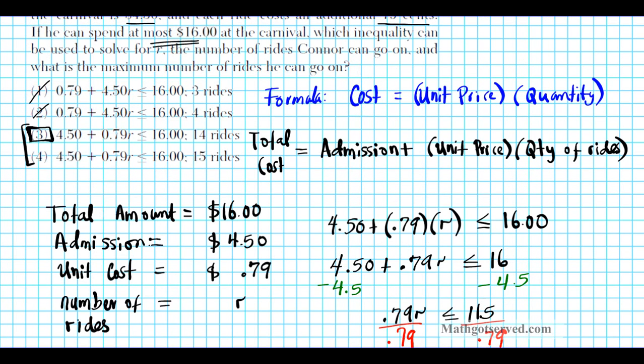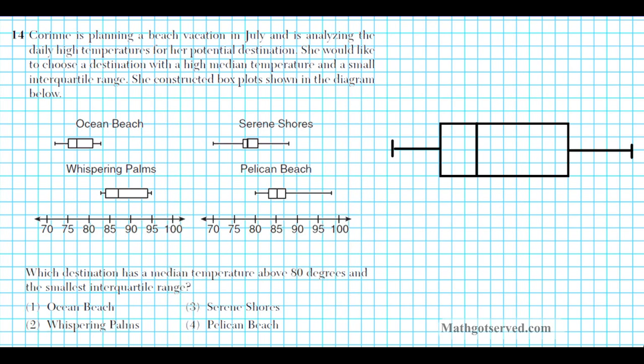All right, let's take a look at problem number 14. It says, Karina is planning a beach vacation in July and is analyzing the daily high temperatures for her potential destination. She would like to choose a destination with a high median temperature and a small interquartile range.